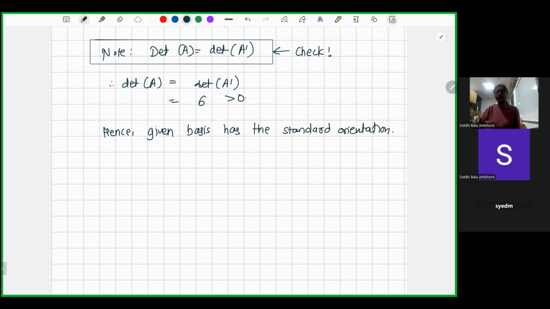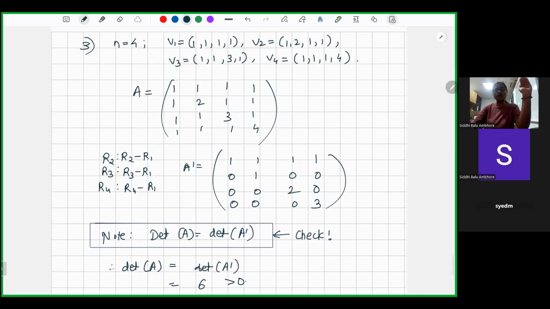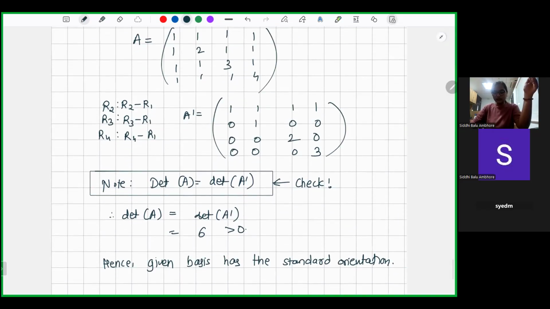So here we are asked whether the given basis has standard orientation or not. So what we had to do was to just write the given vectors as columns and we were through. But you might also be asked to check whether two given bases belong to the same orientation class or not.